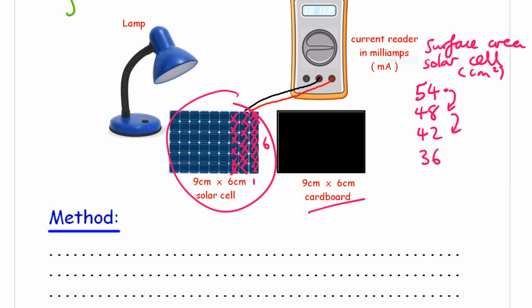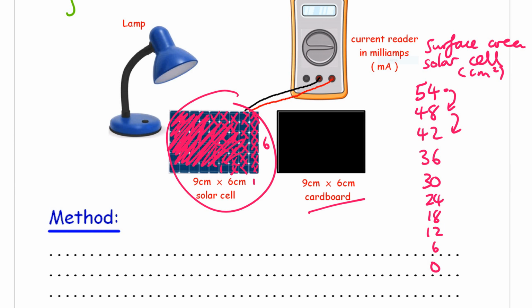And then we go down to 30. Do you see how it works? And then we're going to keep on going down in 6s all the way down to 0. And at 0, the whole thing, all of it, will be covered up with the cardboard. I hope that makes sense now.